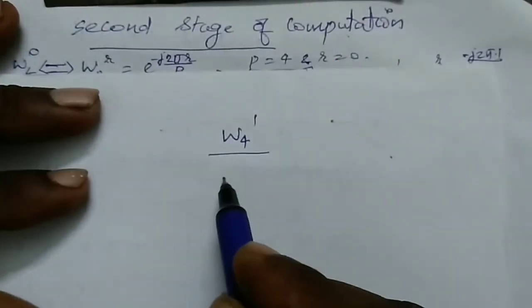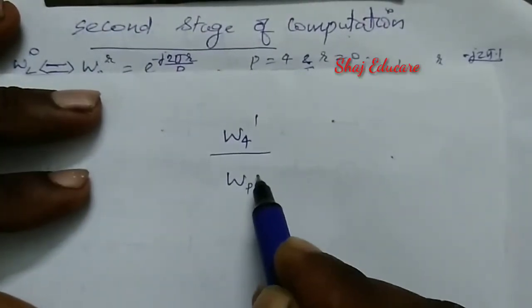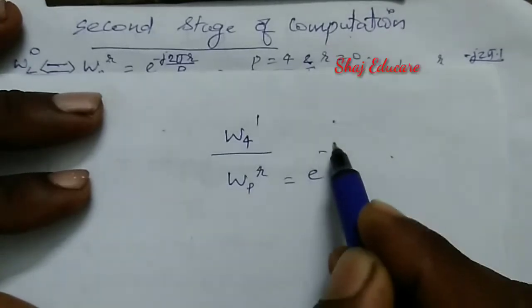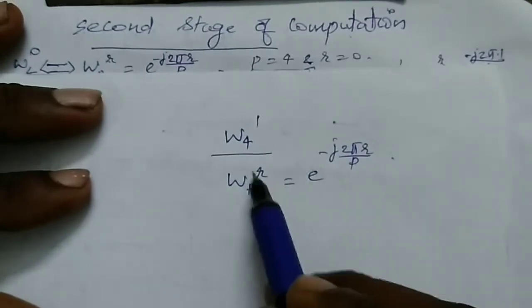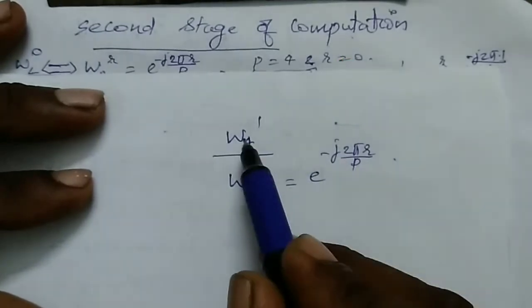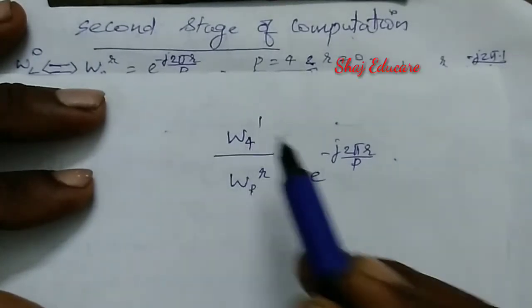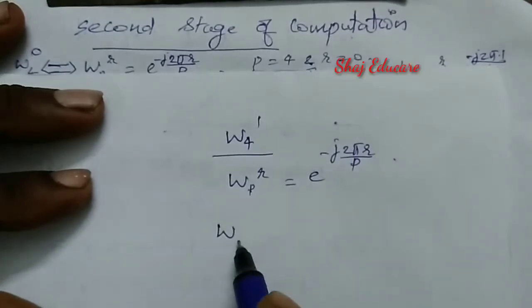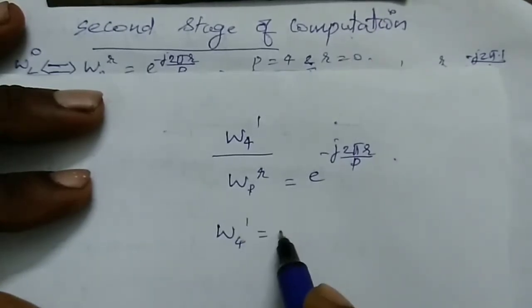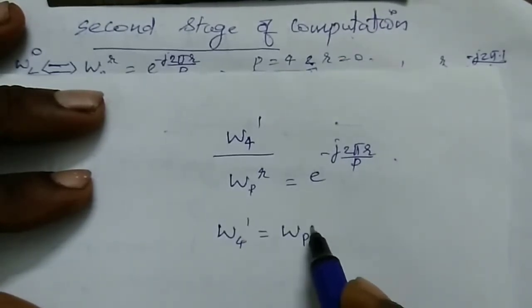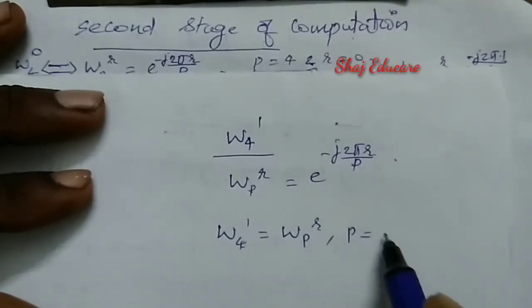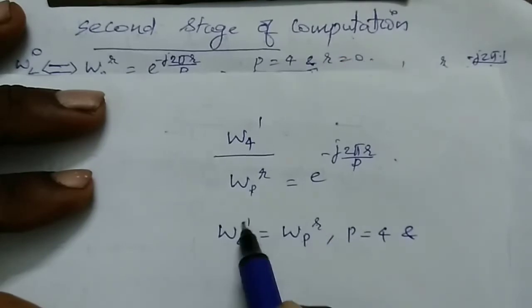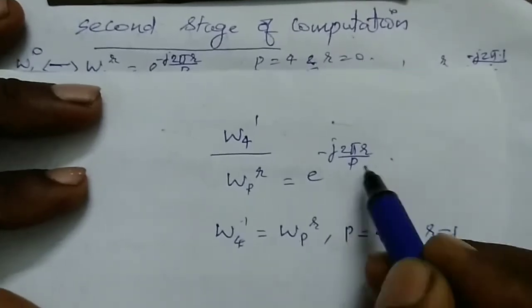We know that WP raised to R is equal to e raised to minus j 2 pi R by P. Okay, right. Here P is equal to 4. W4 raised to 1 is equivalent to WP raised to R. Now P is equal to 4, and what about R? R is equal to 1.